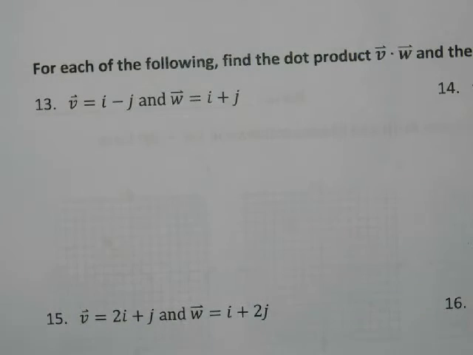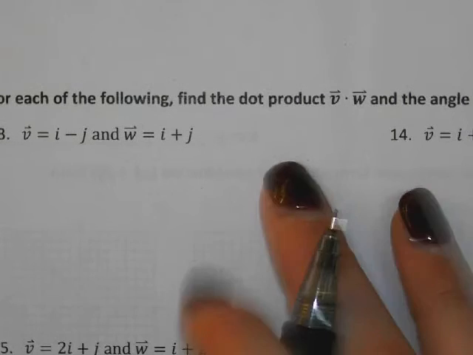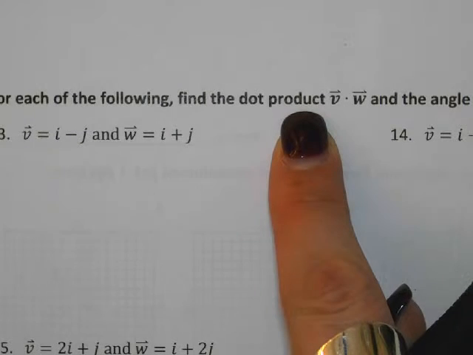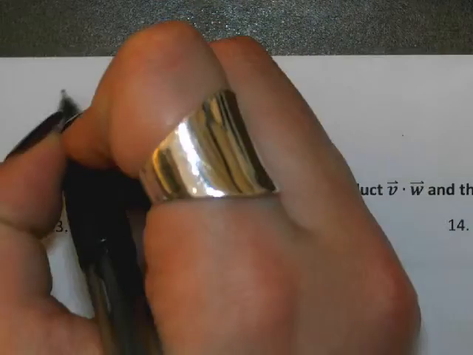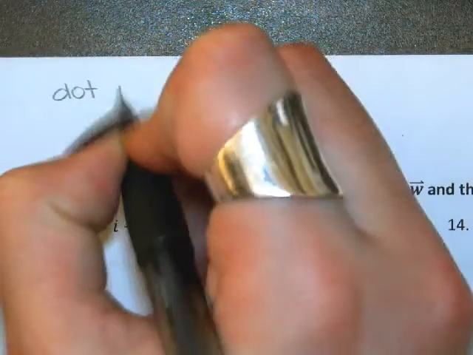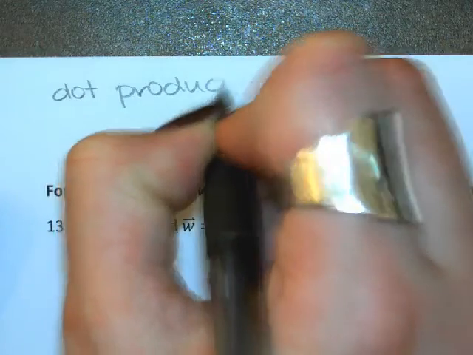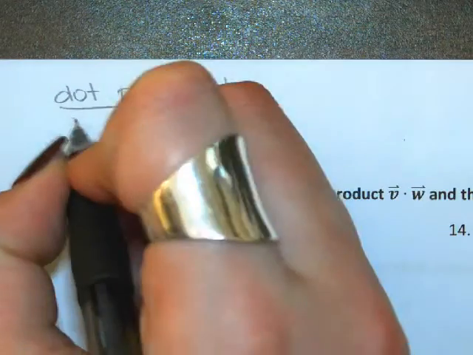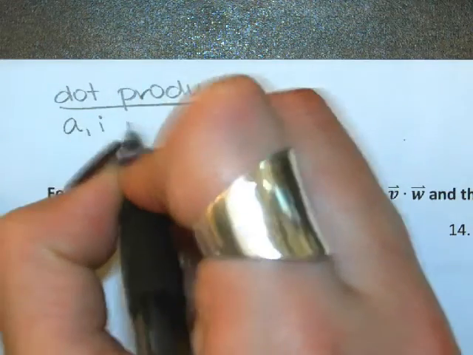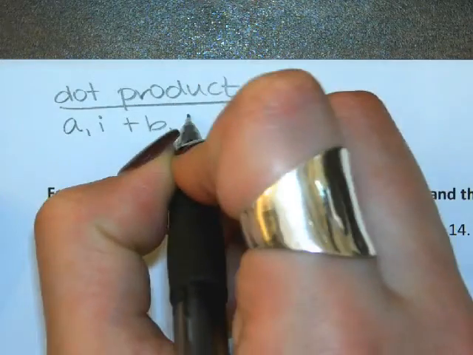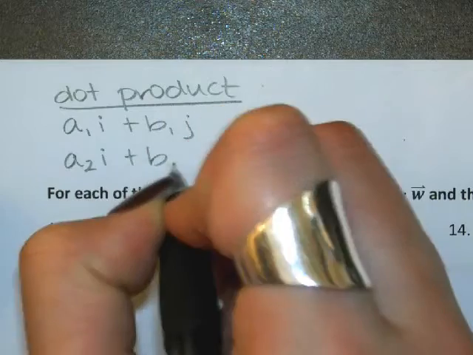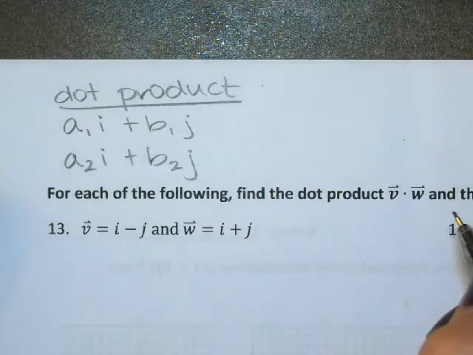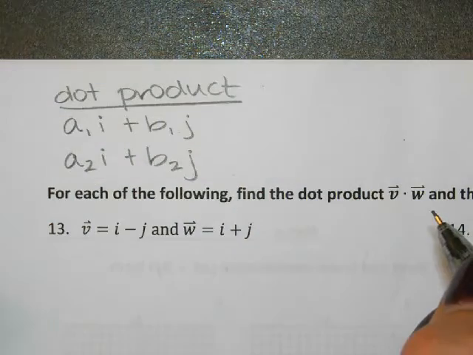Okay, so for this page, we have to know what they mean when they say dot product. So let's go ahead and get that formula from our notes. So in your notes it says A1i plus B1j and A2i plus B2j, and then what's the actual dot product?